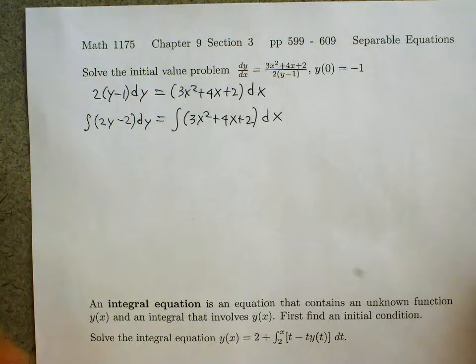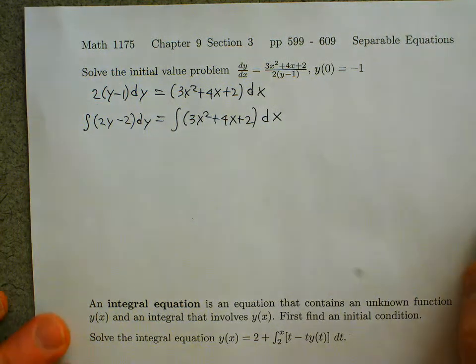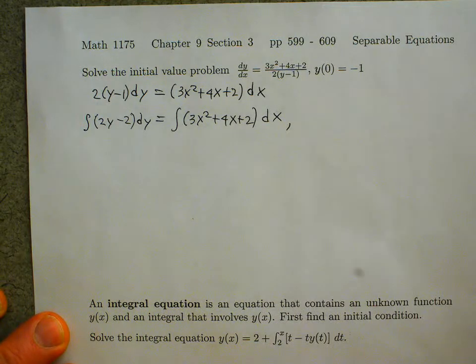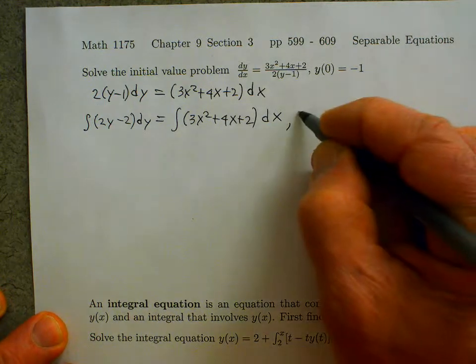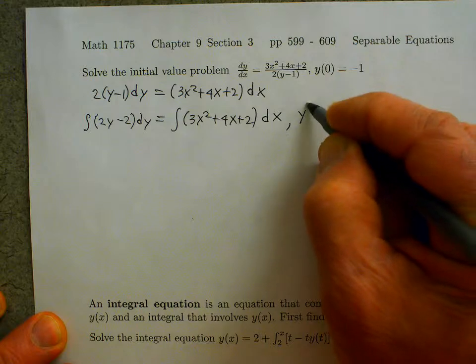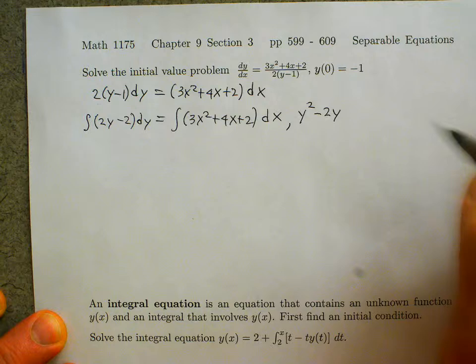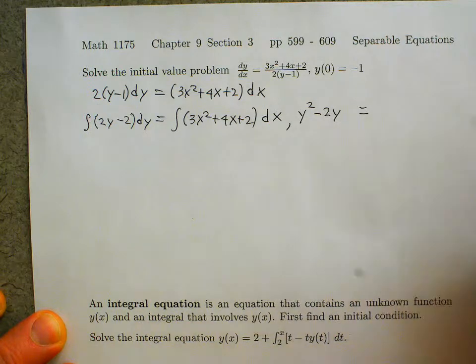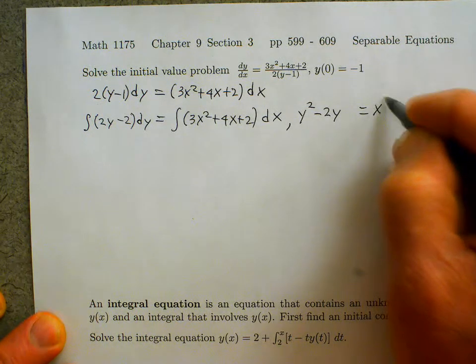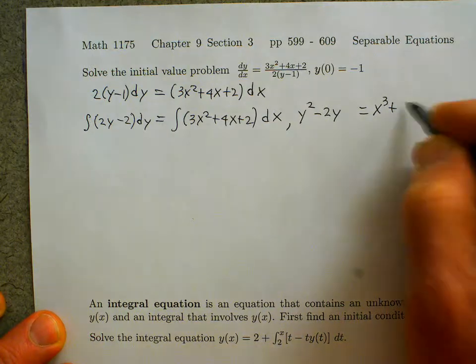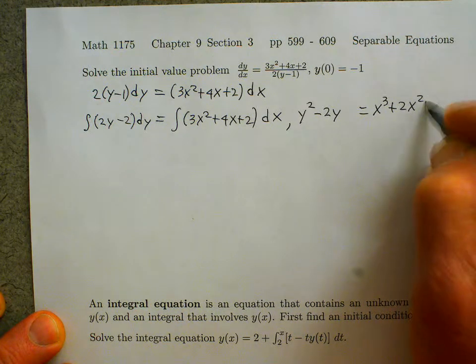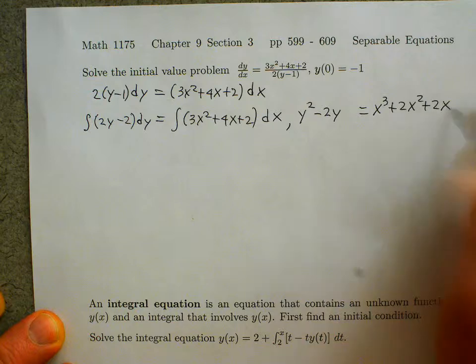And then integrate both sides. On the left-hand side, we'll get y to the second minus 2y. On the right-hand side, we'll get x to the third plus 2x to the second plus 2x, and then plus a constant.